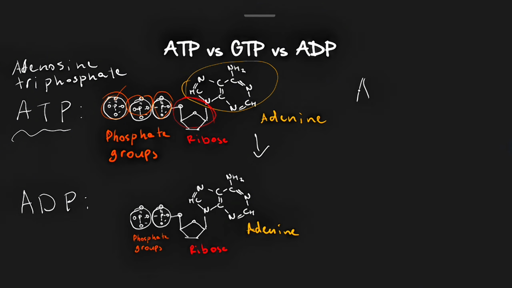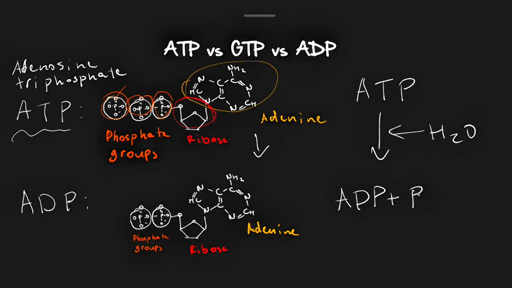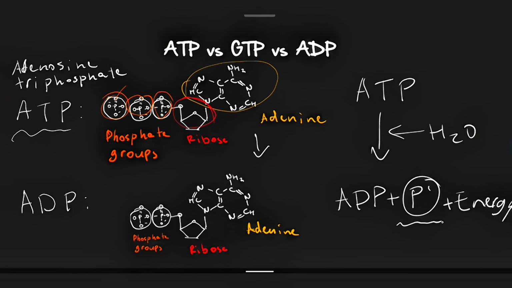So ATP has a lot of energy, and how is that energy used? To use the energy, we add a water molecule, and this process is called hydrolysis. When we add water to the ATP, we get ADP plus a phosphate group, and we get energy. Since one of the phosphate groups is released, a lot of energy is released with that.